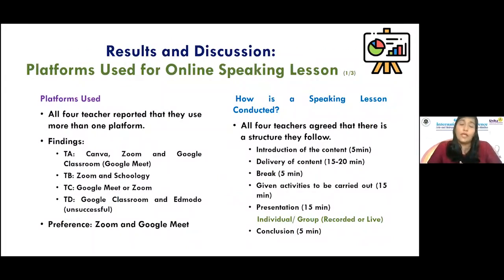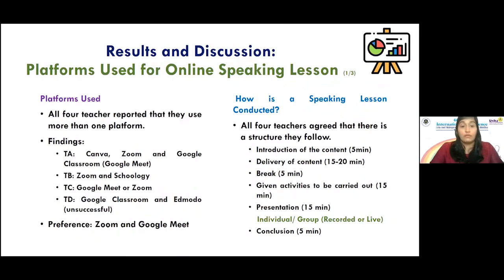After interviewing and observing 4 teachers, we found that all 4 teachers have reported that they have used more than one platform to teach online speaking lessons. Teacher A has reported that she used Canva, Zoom, and Google Classroom. Teacher B, Zoom and Schoology.